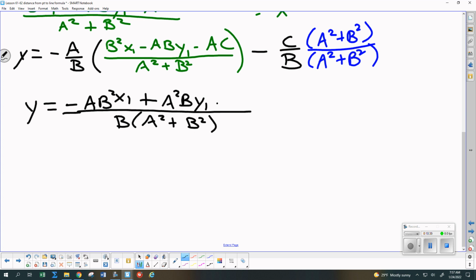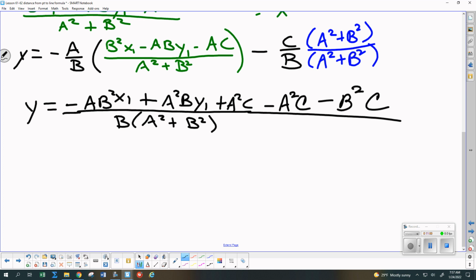Minus minus will be another plus a squared c. And then I will have the minus c times the a, so minus a squared c, and the minus c times the b squared, so minus b squared c.